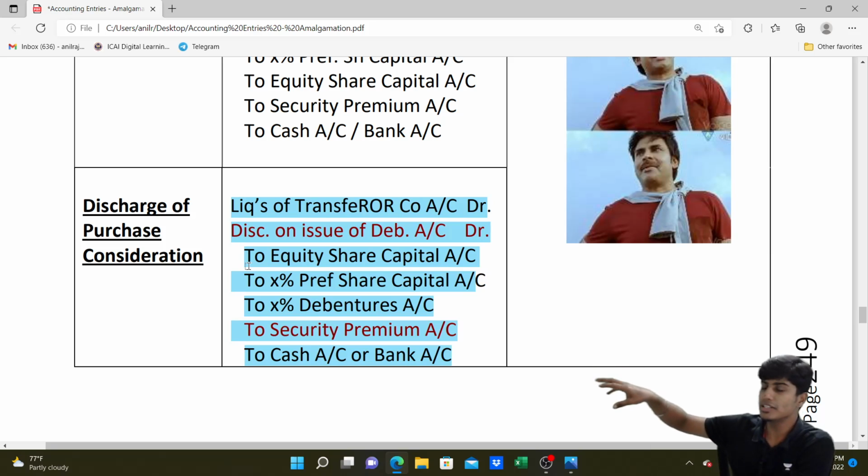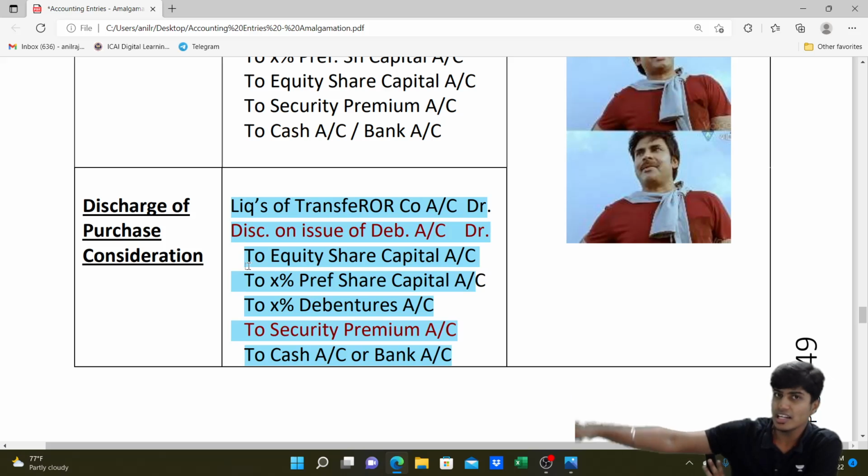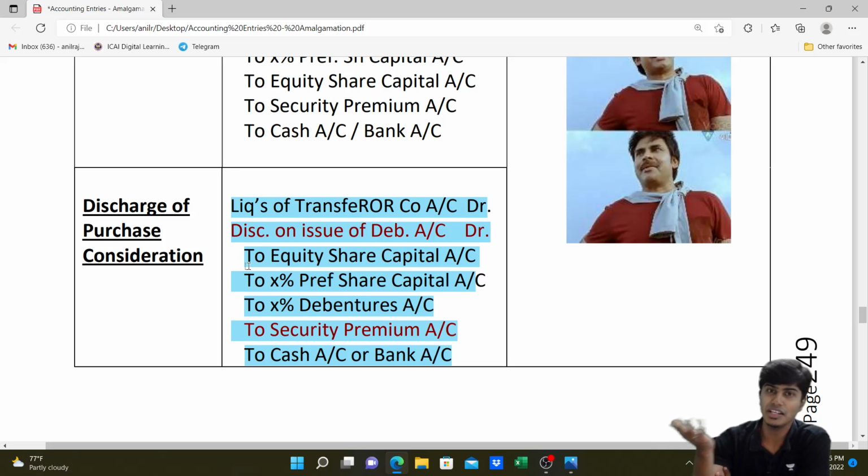People who are holding debentures of transferor company, on the paper that they have as acknowledgement of debt, the transferor company's name is written. Now transferor company will get liquidated. The paper that they have in their hand is no more valid because it has the name of a company which is liquidated. So they come to me with that outdated paper. I tear that paper and I give them fresh debentures, or I can give them cash, or I can give them shares, equity or preference. I can settle it however I want.